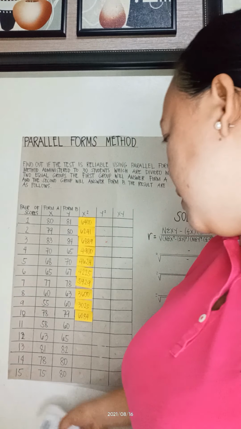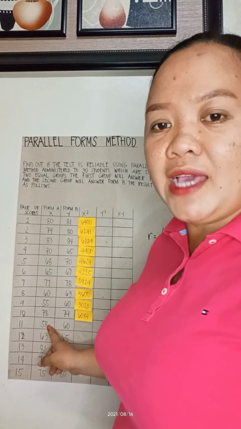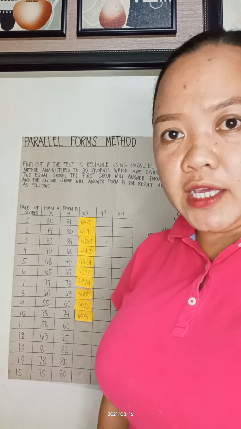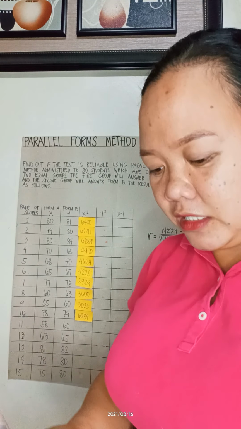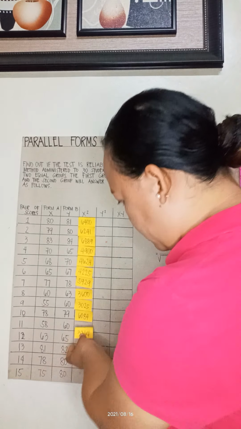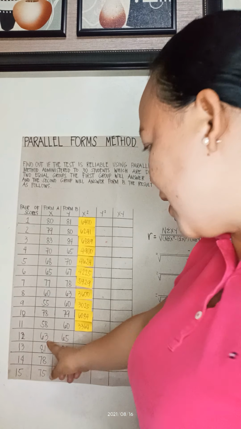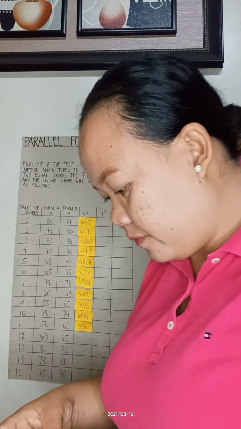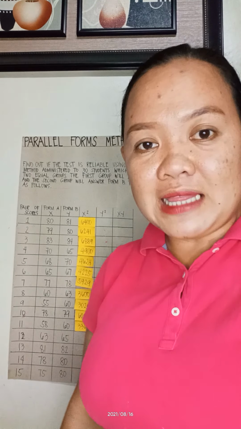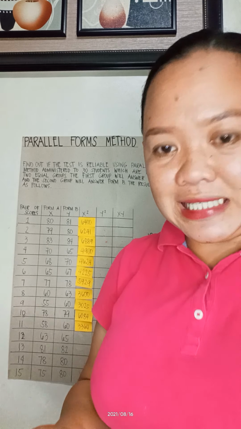Next, 58 times 58 is equal to 3,364. Next, 63 times 63 is equal to 3,969.